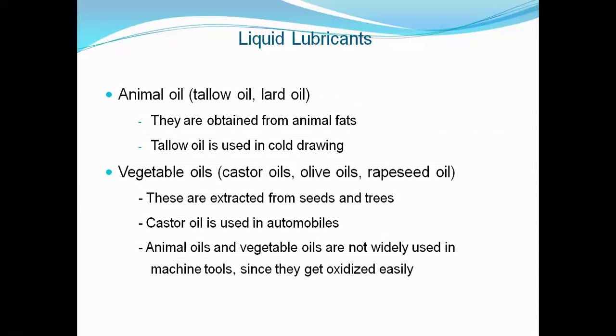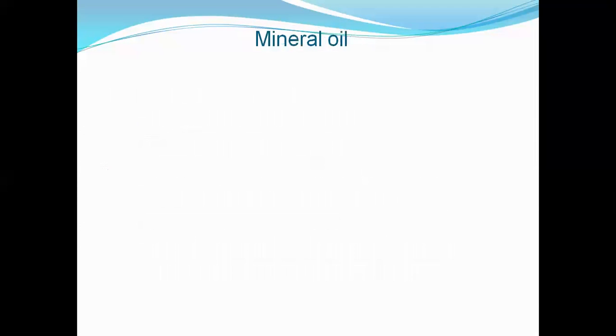Animal oils are obtained from animal fats and are used in cold drawing. Vegetable oils come from seeds and trees, and castor oil is used in automobiles. Generally, animal oils and vegetable oils are not widely used in machine tools since they get oxidized easily.